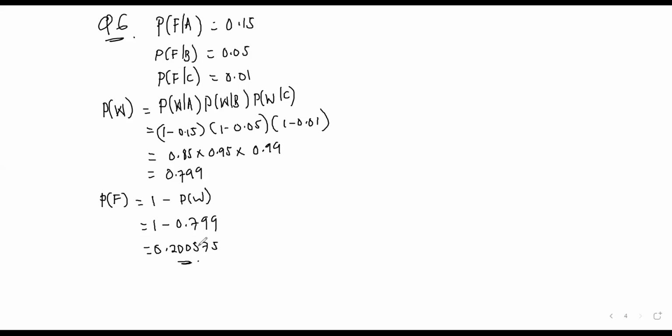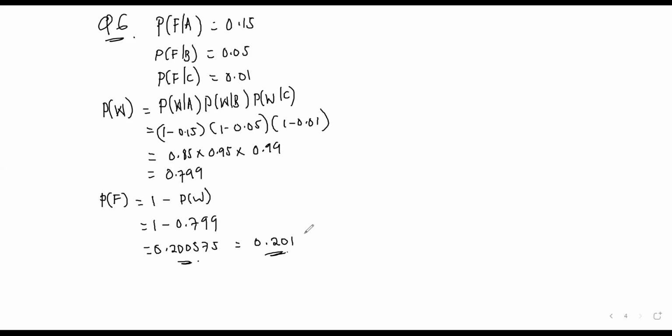Let me be sure. If you round off, you get 0.201. So that's the probability of it failing within 1 year.